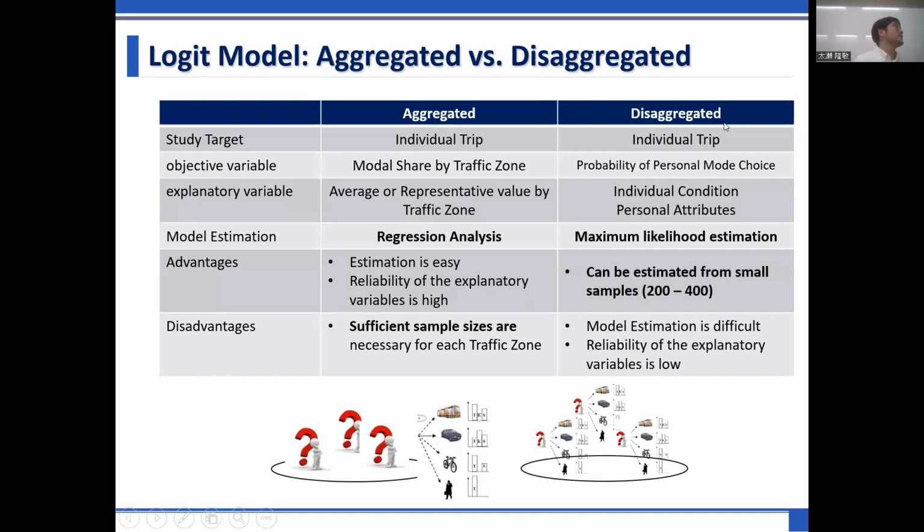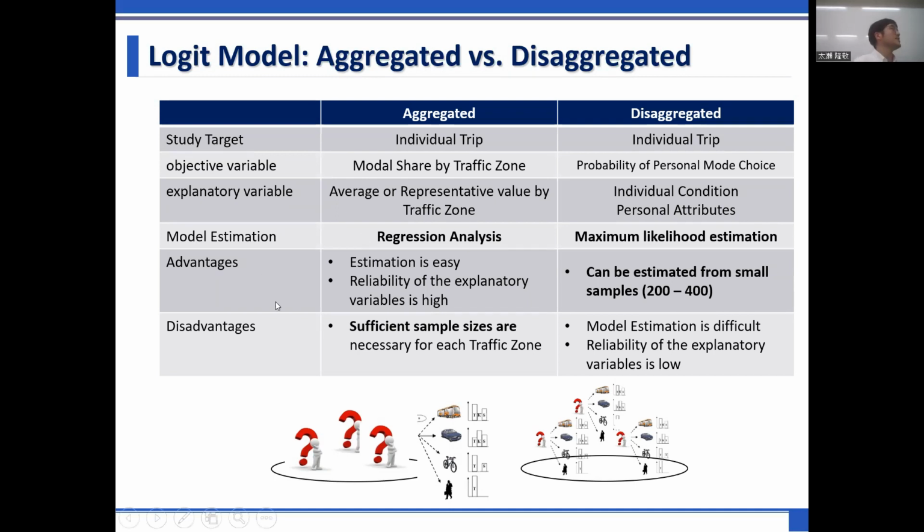Next one, the disaggregated model focuses on the probability of personal mode choices. So the individual conditions and personal attributes are considered as the explanatory variables. And the model estimation is in a more complicated way. Maximum likelihood estimation methodologies, which will be explained in these lectures, will be applied.